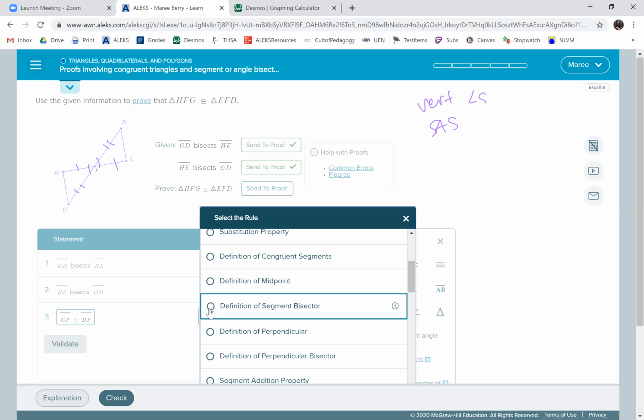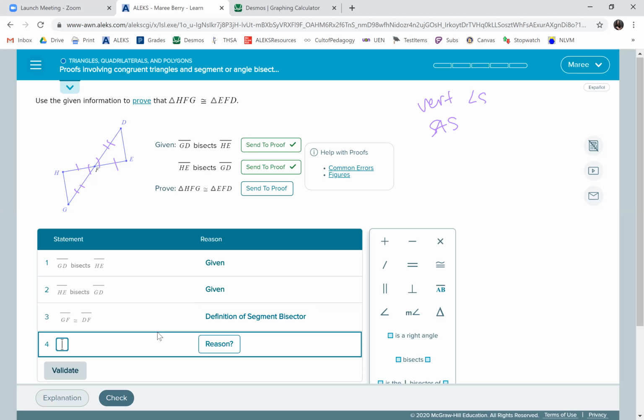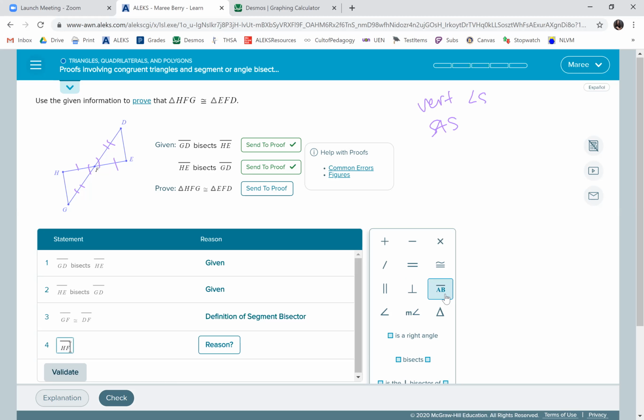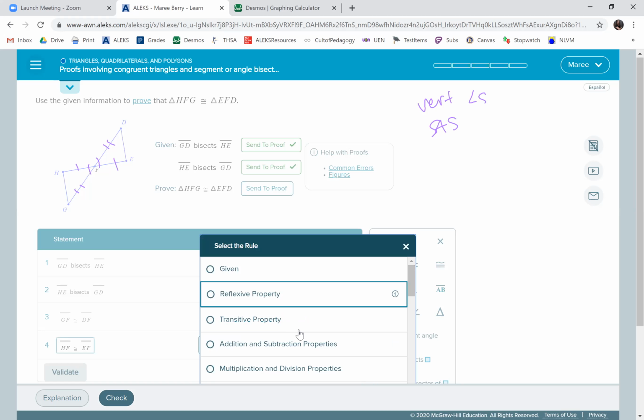Do they have that? A segment bisector. Woohoo. Then we're going to do the same one. So HF and EF. HF is congruent to EF. So just so you know, that's also definition of segment bisector.